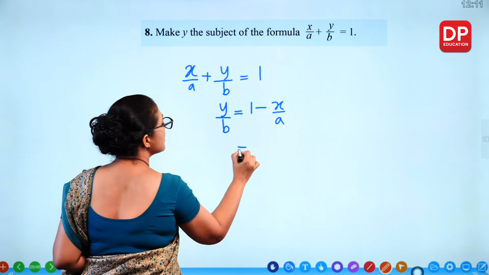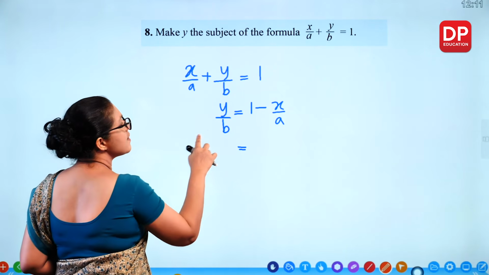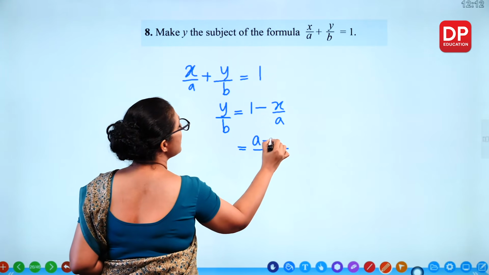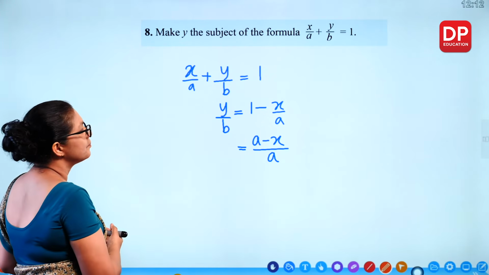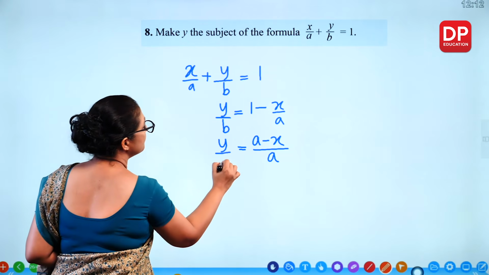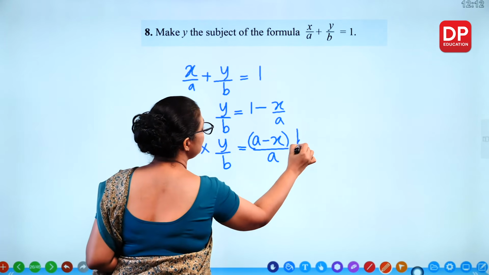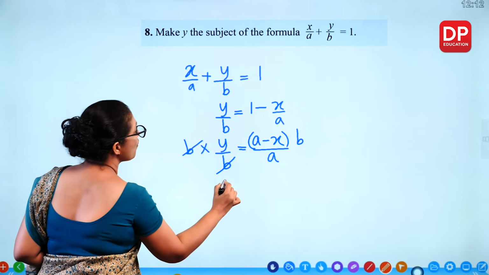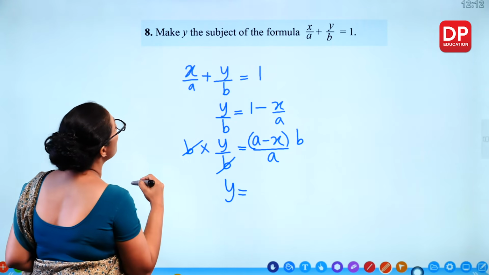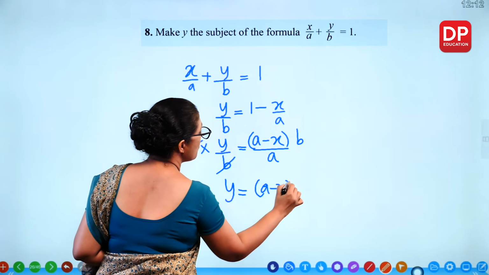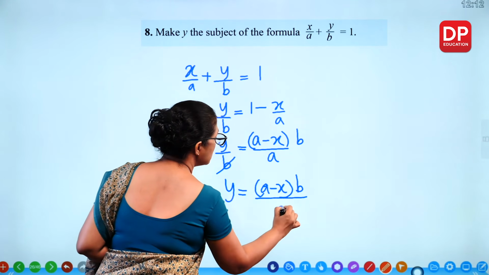But before that, you can make a the common denominator and write a minus x. Now multiply both sides by b. y equals a minus x into b over a.